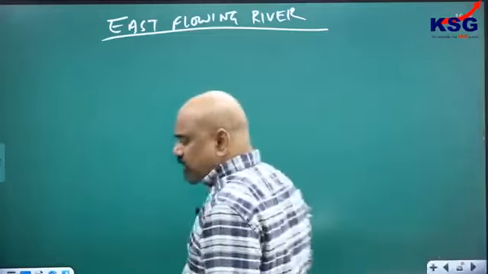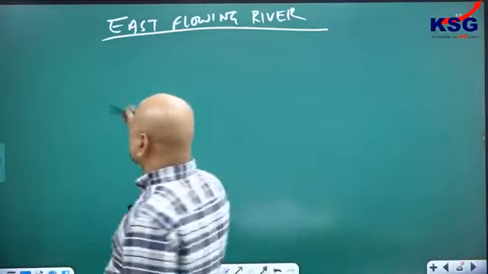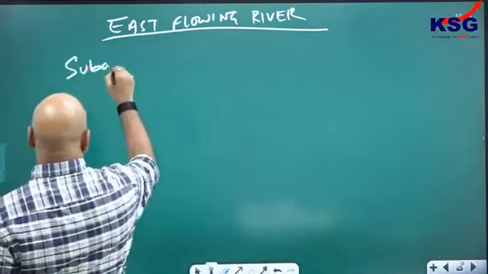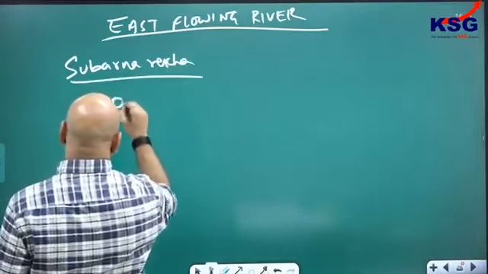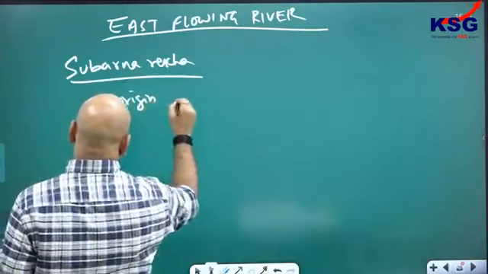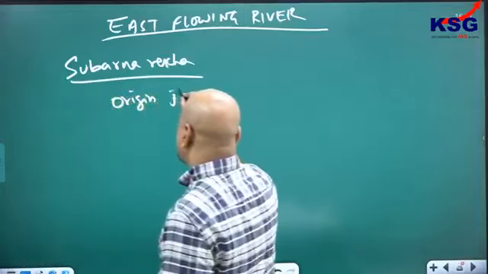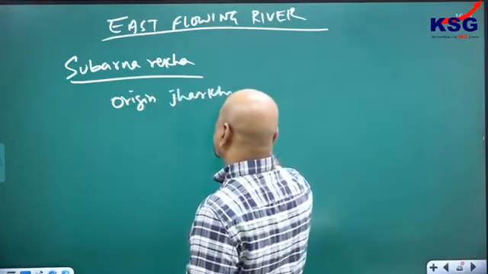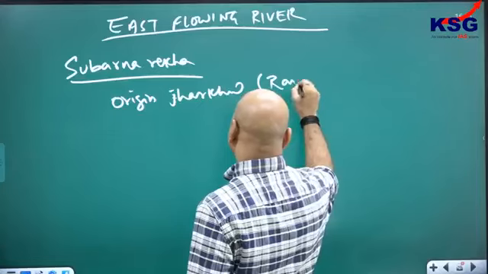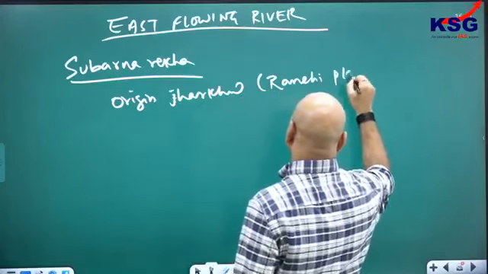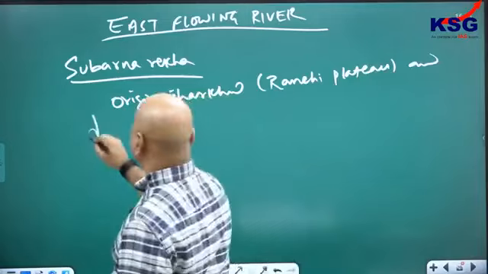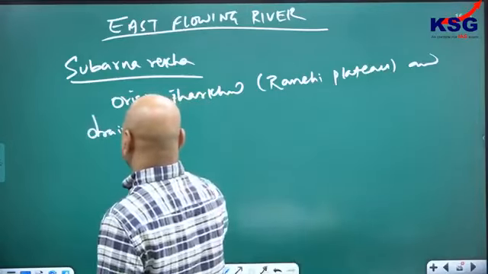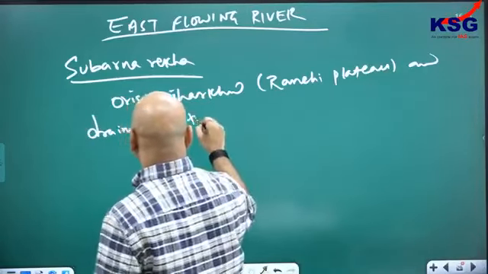East flowing rivers, among these, the first one I have given is Subarnarekha. I said its origin is from Jharkhand, Ranchi plateau regions, and it drains into the Bay of Bengal.